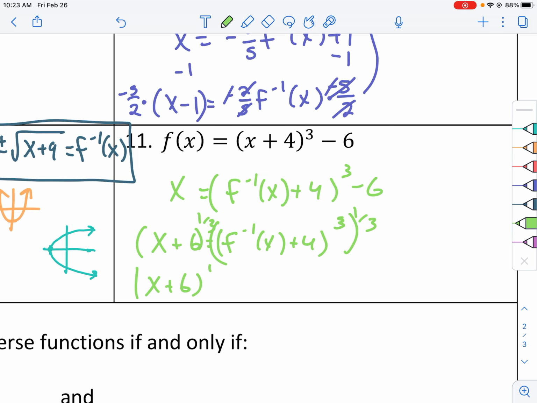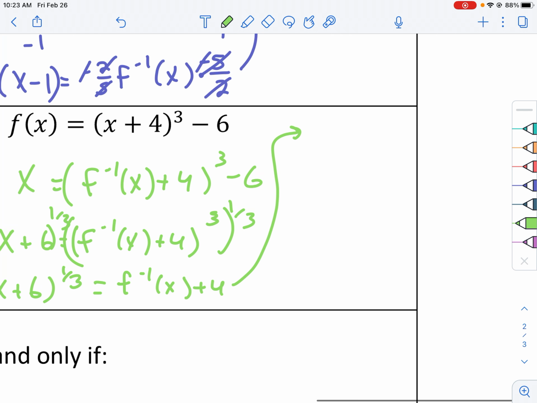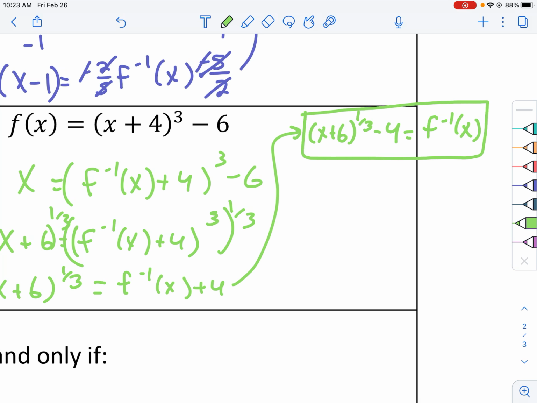So that's x plus 6 to the 1/3 equals f inverse of x plus 4. We subtract that 4 to the other side, so it becomes x plus 6 to the 1/3 minus 4 is equal to f inverse of x. All right?